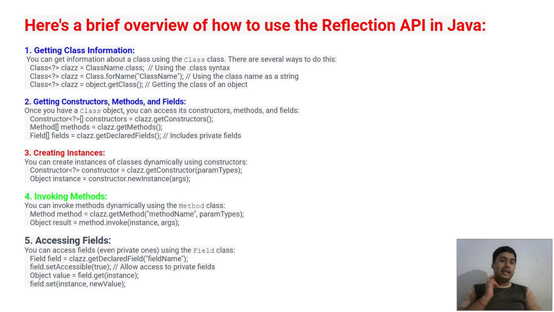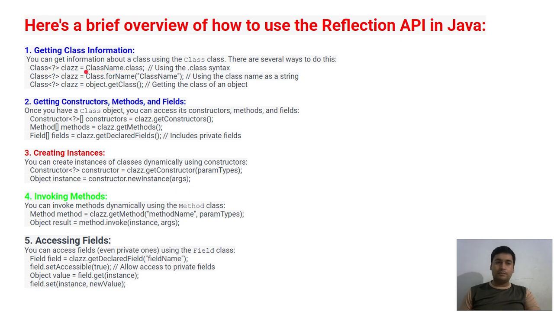Okay. For example, here you can see the overview and use of the Java reflection API. Getting class information: you can get the information about the class using Class. There are several ways to do this. The first way is you use the class name dot class, and you can get the details of the class, like in the example I explained just before.